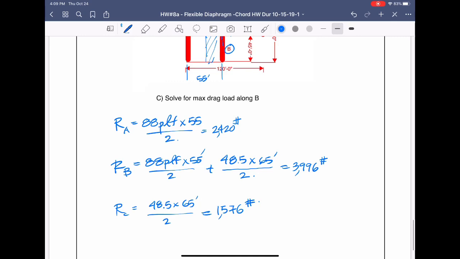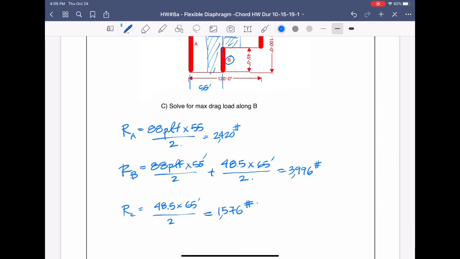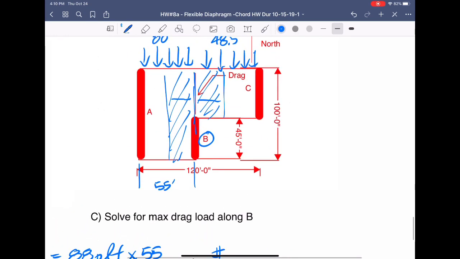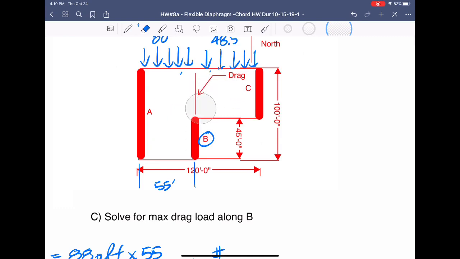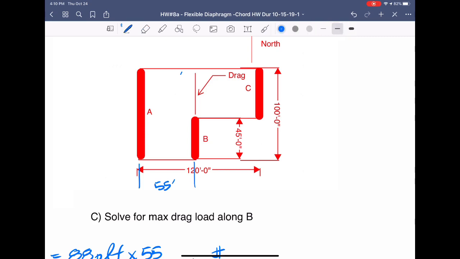So when we do this, it says solve for the max drag load along B. Well, along B, let's clean that out. The question really is, what is the shear per linear foot, right?